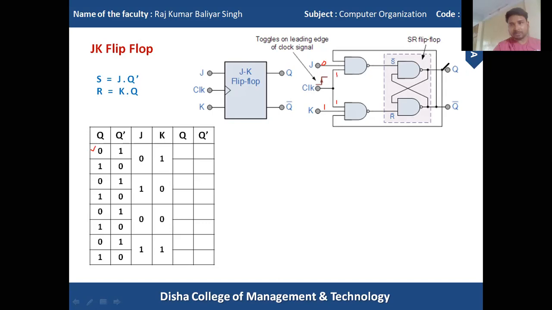This Q is connected to the K terminal, so the Q value is 0 here, and Q naught is connected to the J terminal, whose value is 1, so I am writing 1 here. This is the NAND gate. All are constructed with NAND gates. In a NAND gate, when I supply 1 0 1, the value is 1.